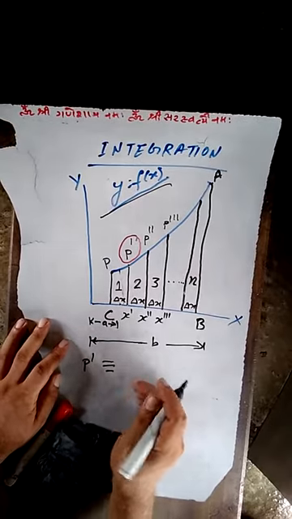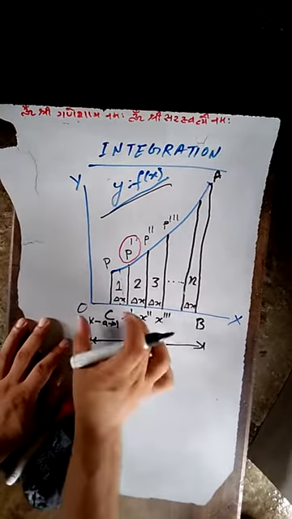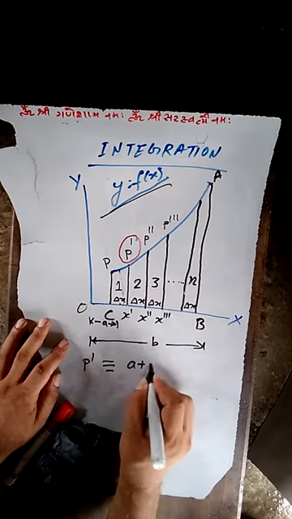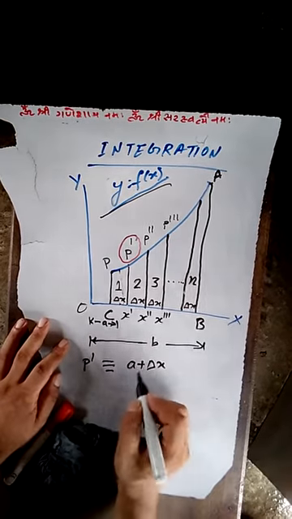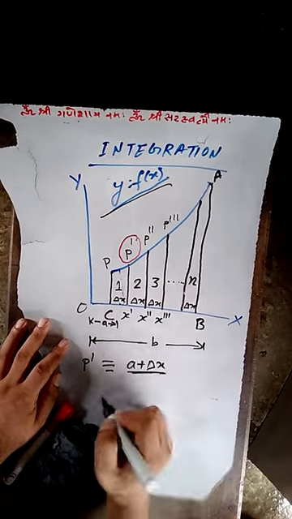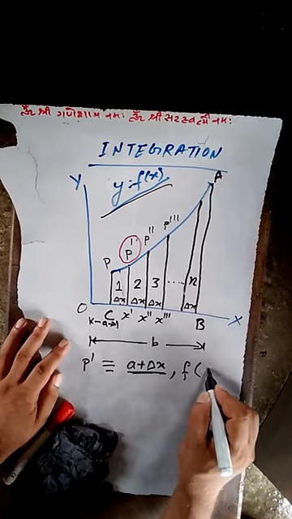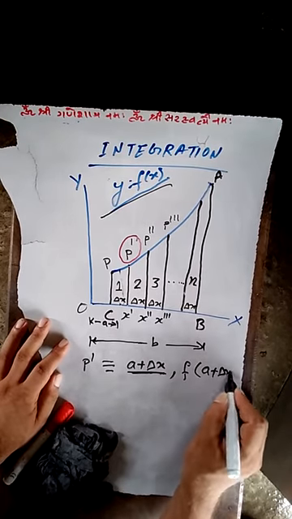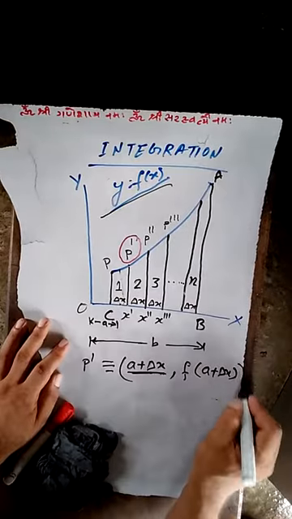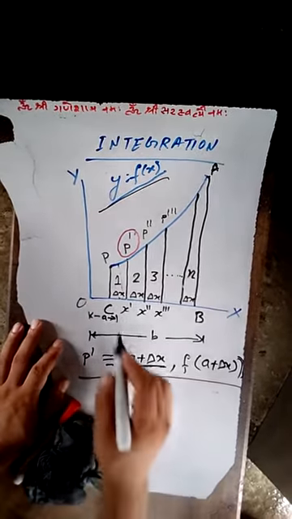So taking the origin here, this distance will be a plus delta x. Its x coordinate will be this, and the y coordinate will be f of a plus delta x. So like this we can find the coordinates.